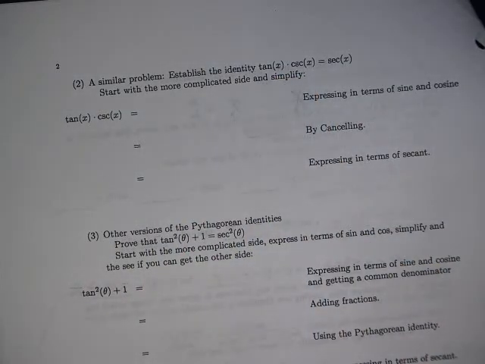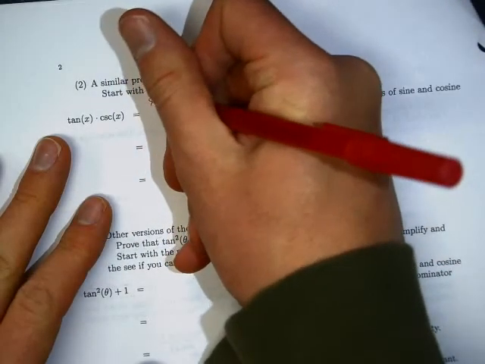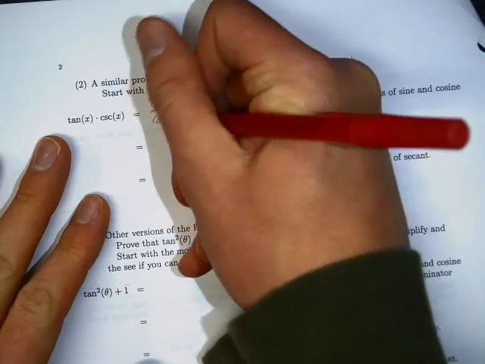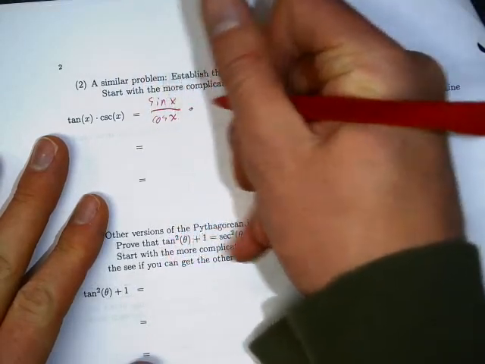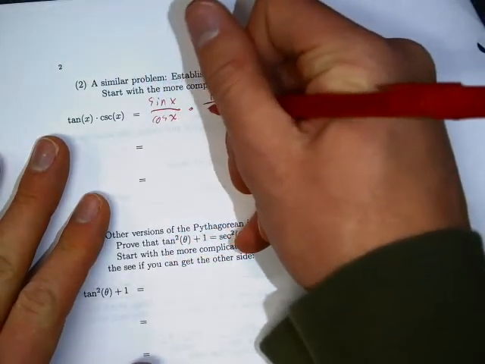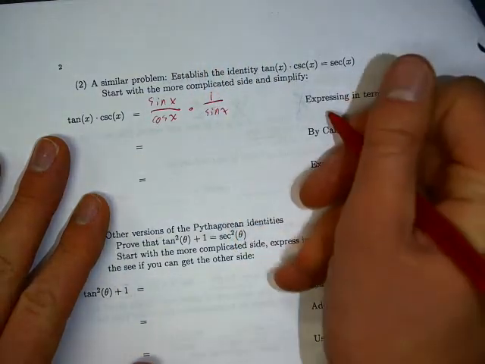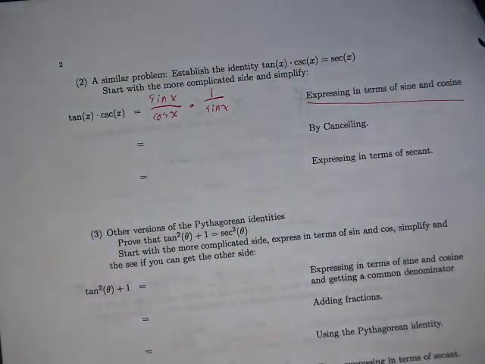What's tangent in terms of sines and cosines? Sine x over cosine x. What's cosecant x in terms of sine and cosine? 1 over sine x. So I've done that by expressing everything in terms of sine and cosine. Do you see anything that cancels?